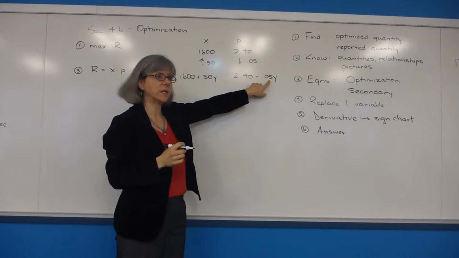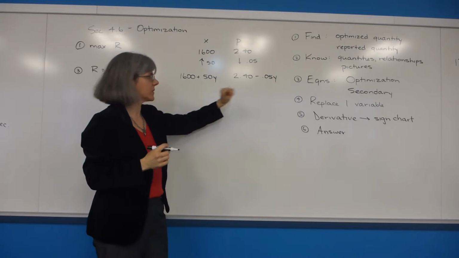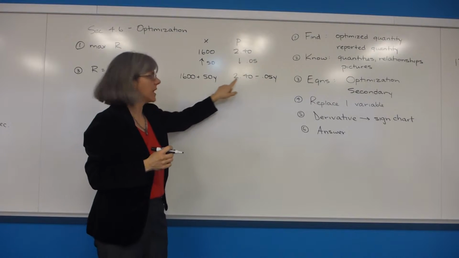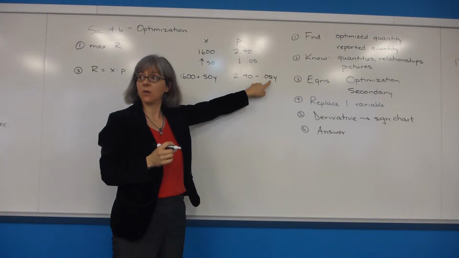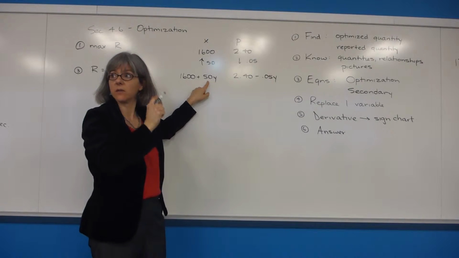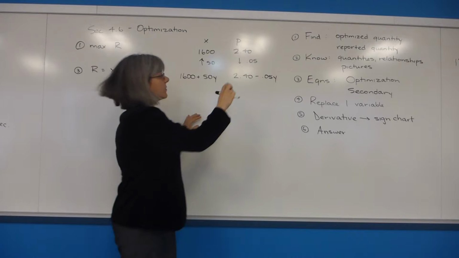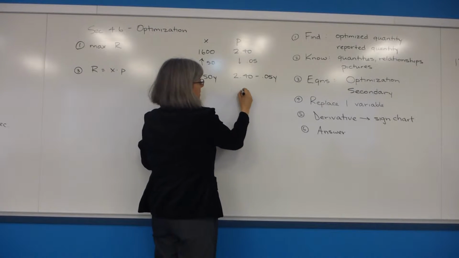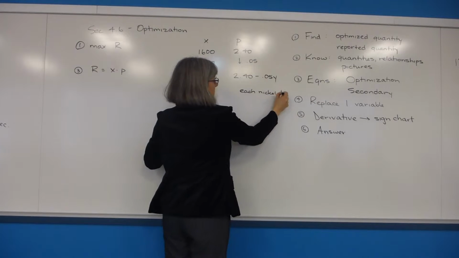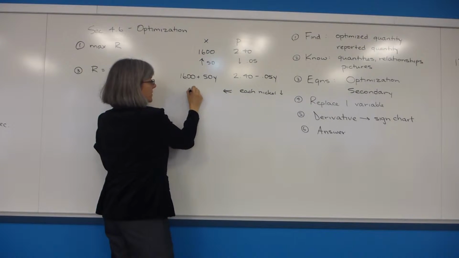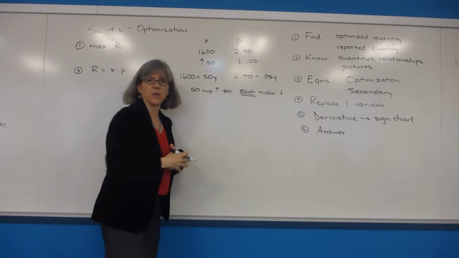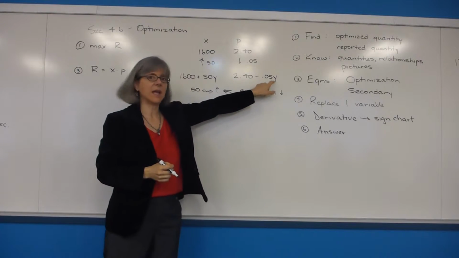If I go down 1 nickel, I go up 50 cups of coffee. If Y is 2 and I go down a whole dime, I go up 100. So for each nickel decrease, I get a 50 cup increase. This part is the important part. Each is what tells me I have a variable there.